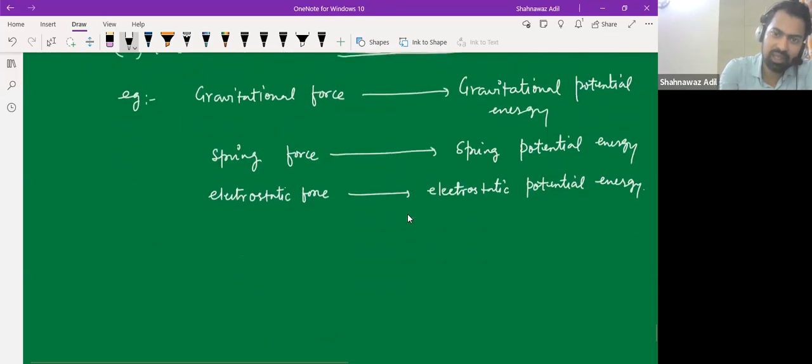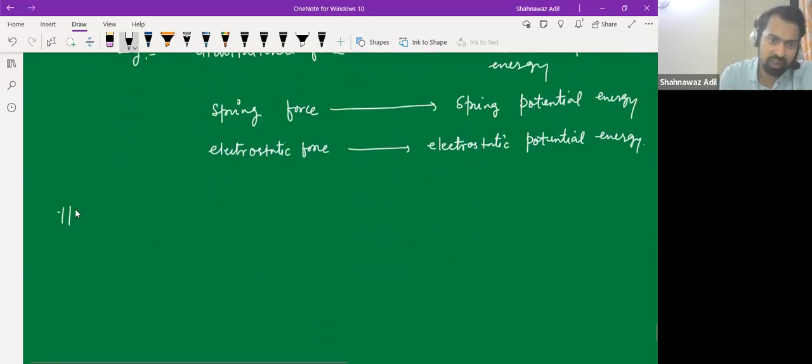Okay, so let us understand about this gravitational potential energy.